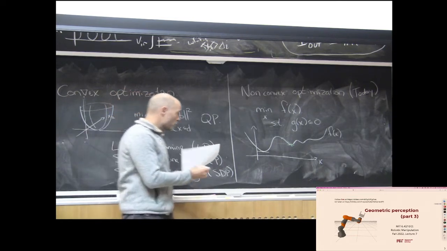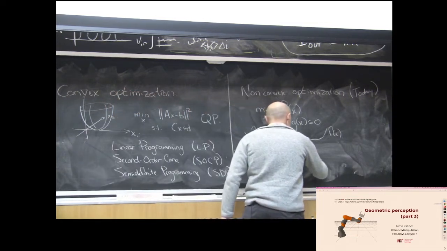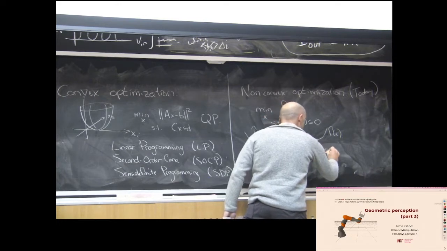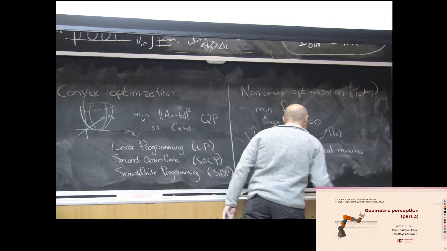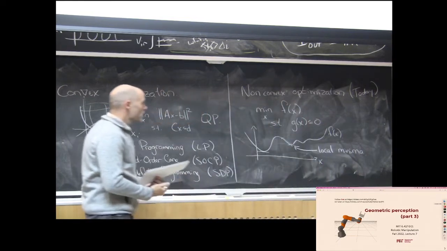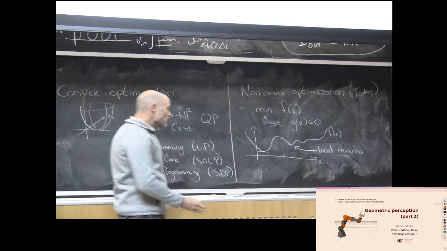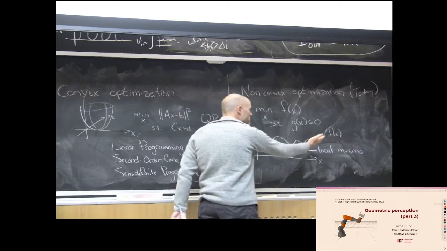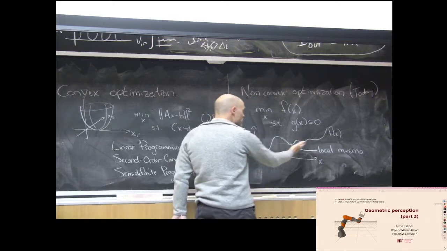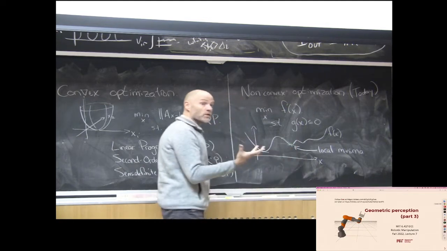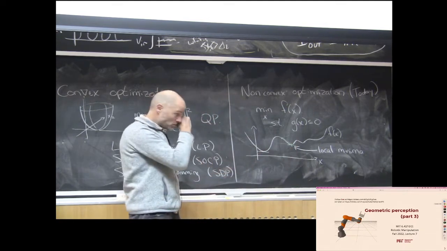Some minimum. We'll call this a local minimum. But in general, unless you know something more about the class of these curves, we lose the ability to say that I guarantee I found the best solution.